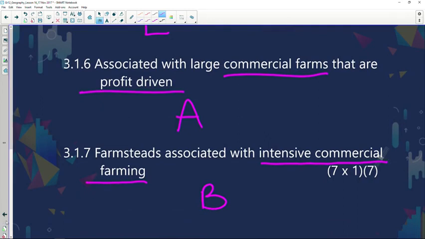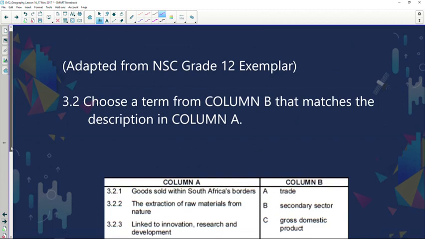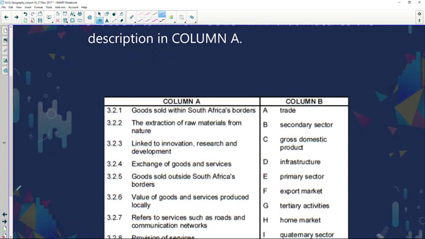Let's continue with the question paper and have a look at question 3.2. Choose a term from column B that matches the description in column A. Now this looks like economic geography. If you look at question 3.2.1, goods sold within South Africa's borders, that will be number H, the home market.